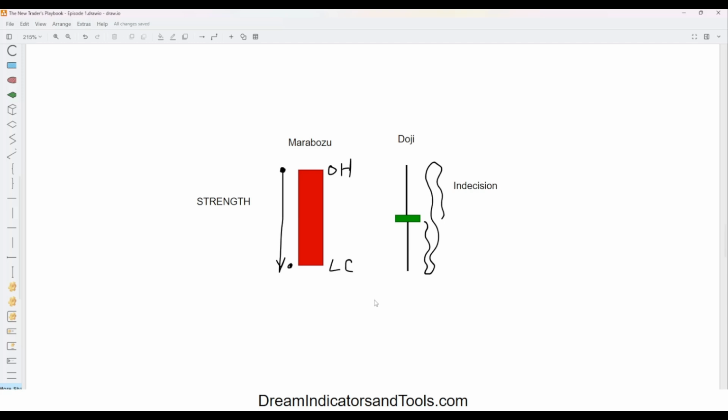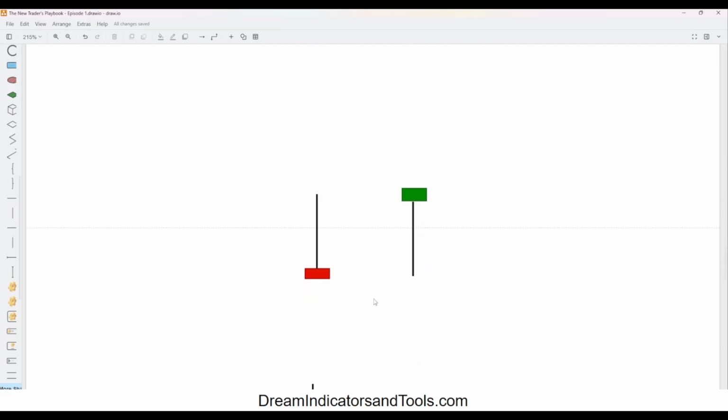Now, there are a couple other types of candles, as you can see right here. It depends. Some people call them a couple of different things. So sometimes you'll hear them as hammers, or you might hear them as something called a shooting star. It really depends on how the candle was created, what happened before and after. But once again, the names are superfluous. They don't really matter.